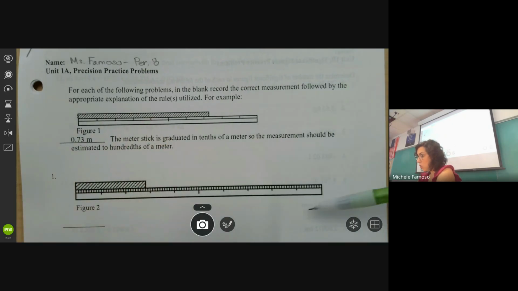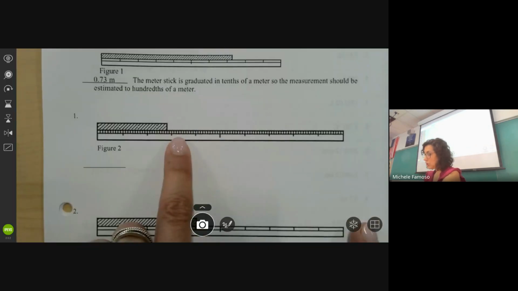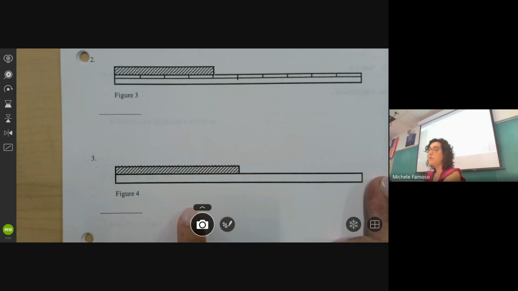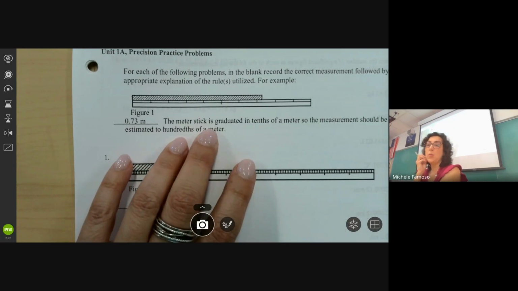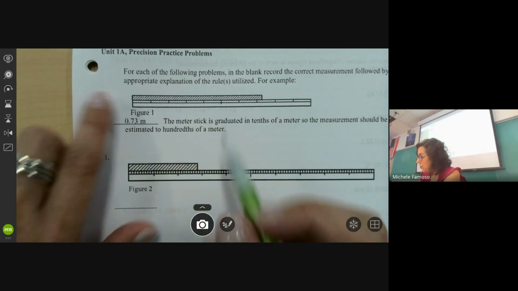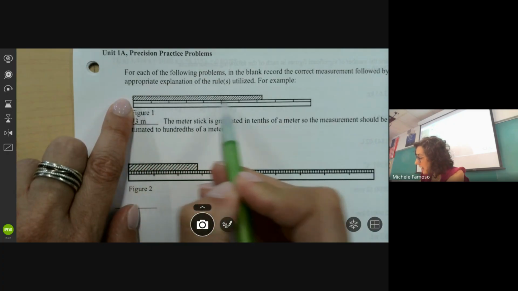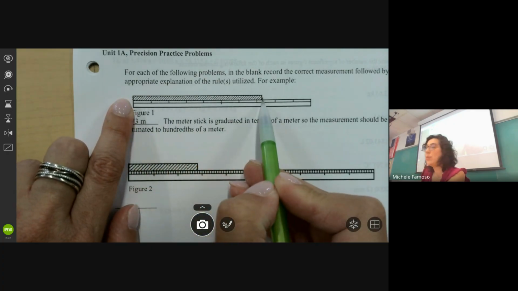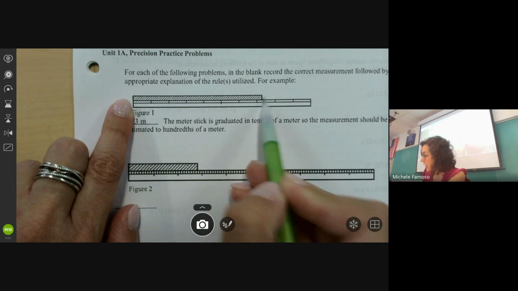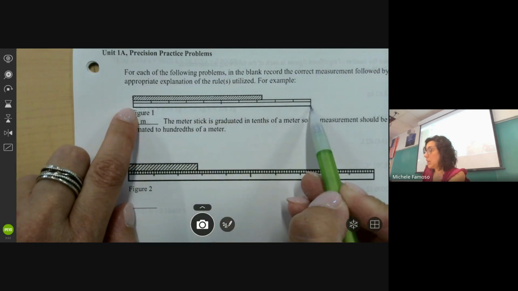There are 4 meter sticks given to you here. 1, 2, 3, and 4. Number 1 has already been done for us. What we want to do is not only measure the length of this object, which is hashed, that bar. We want to measure the length of that bar. This is a meter stick.